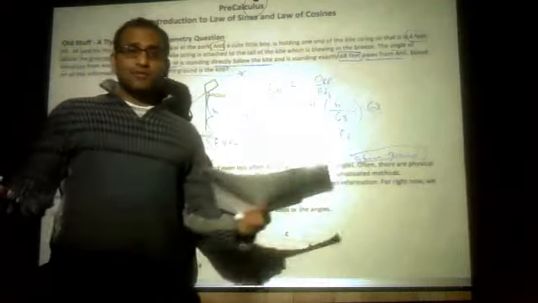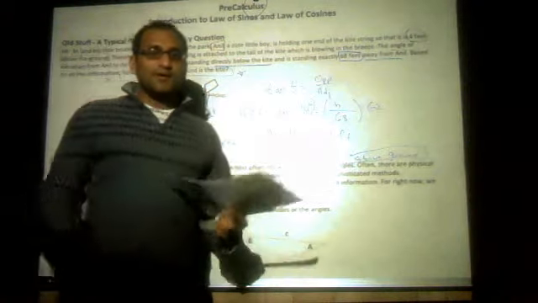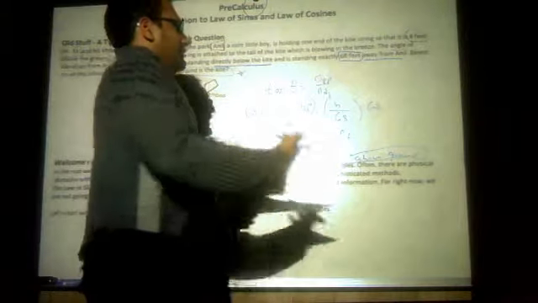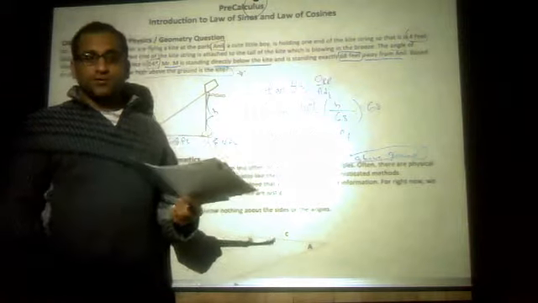However, we don't live in magic land. This isn't a white picket fence world all the time. There are times when you do see triangles that do not have right angles, right?